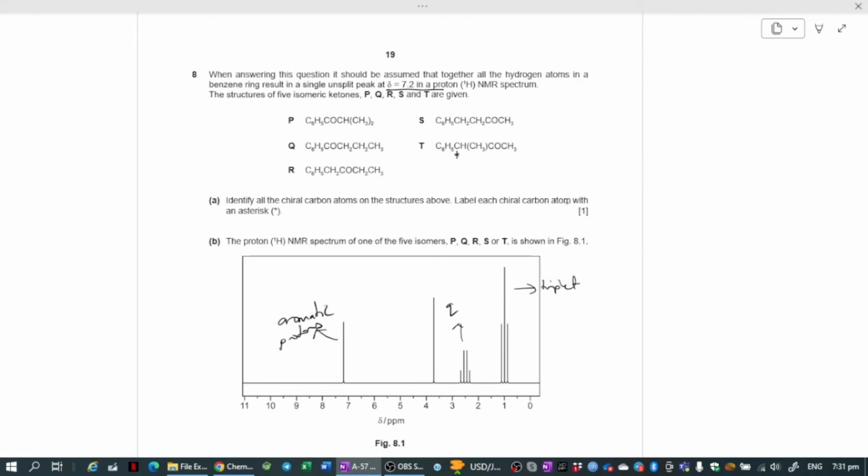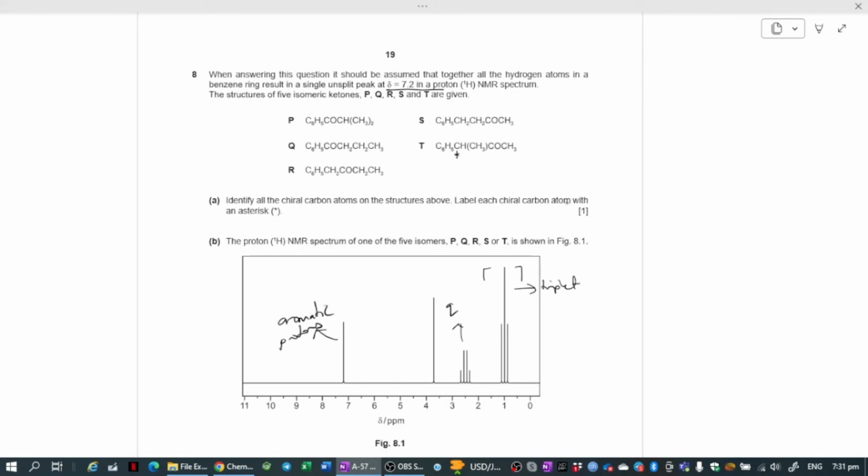What does this mean? By the n+1 rule, it means that the protons giving rise to this peak have to be adjacent to some CH2 group. And it also means that the protons giving rise to the quartet have to be adjacent to something that has 3 protons in it. So this means that we have a CH3 CH2 functional group, right?